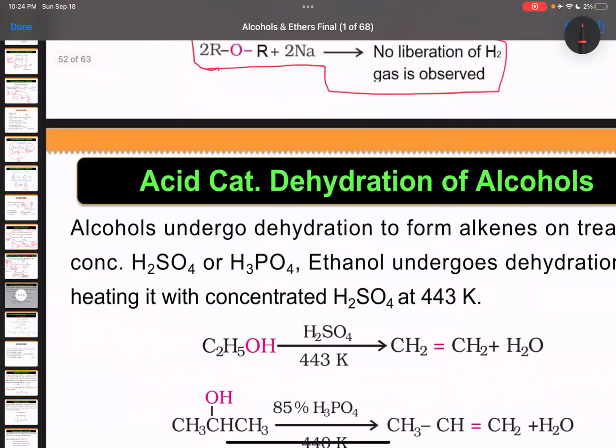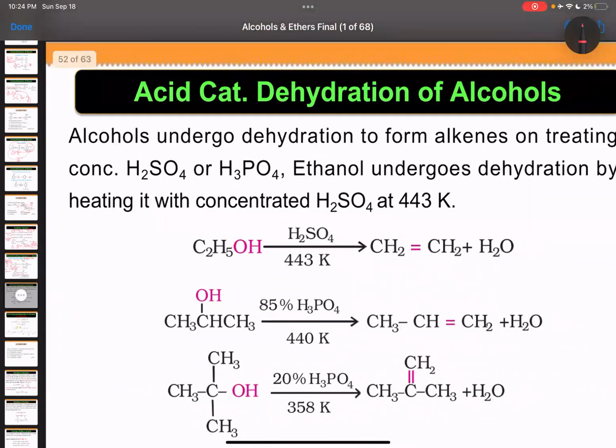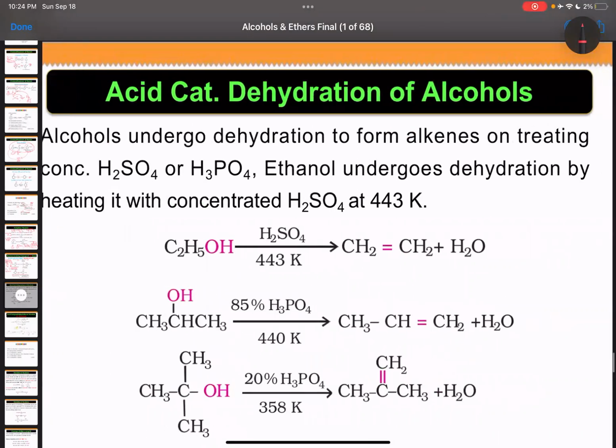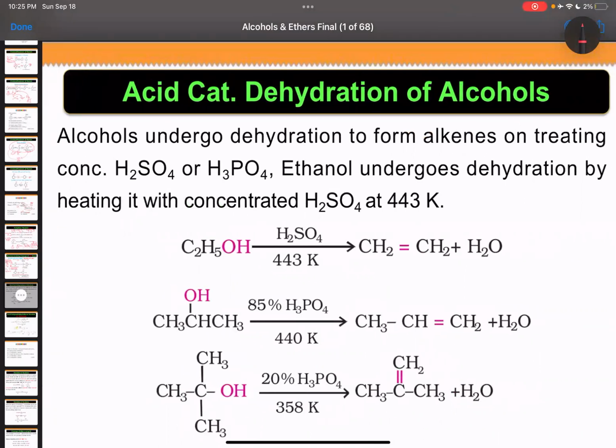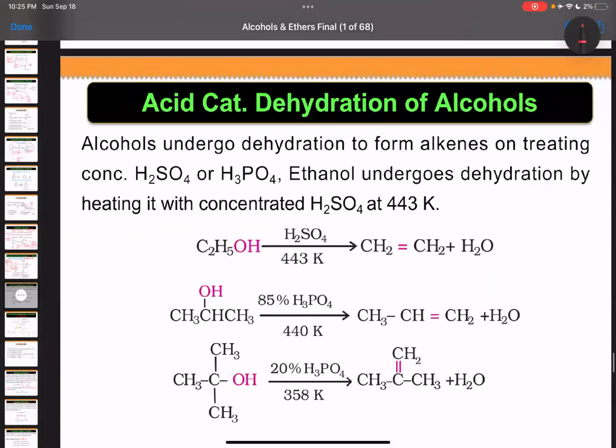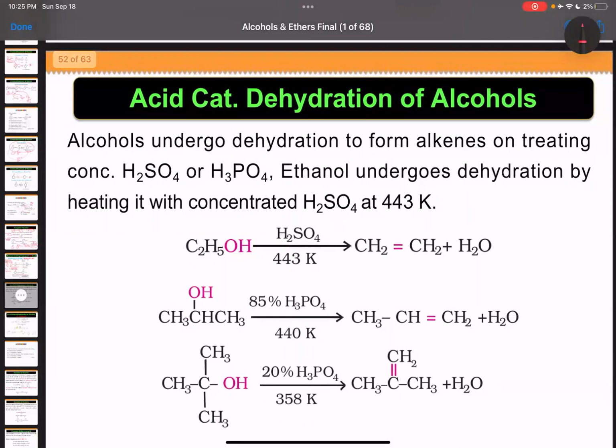Now the next reaction is acid catalyzed dehydration of alcohol. Just in general we can discuss; there are more details, just a few things we can discuss. Very important. So you take alcohol, you heat it with a concentrated acid. Which concentrated acid do you take? H2SO4 or H3PO4.